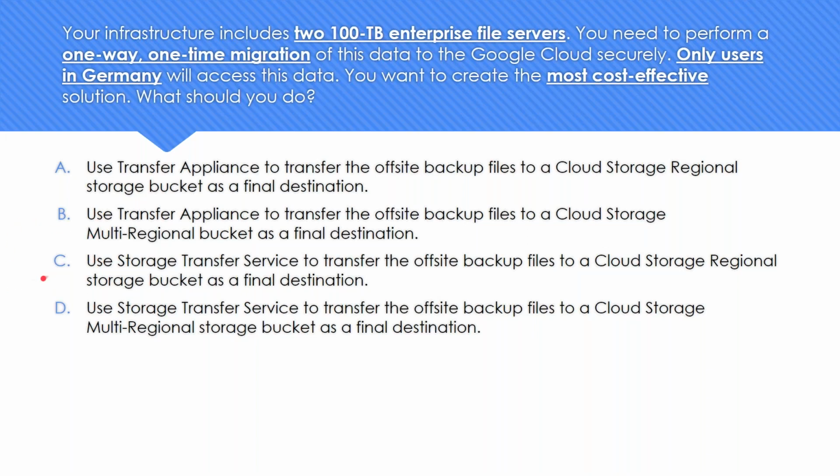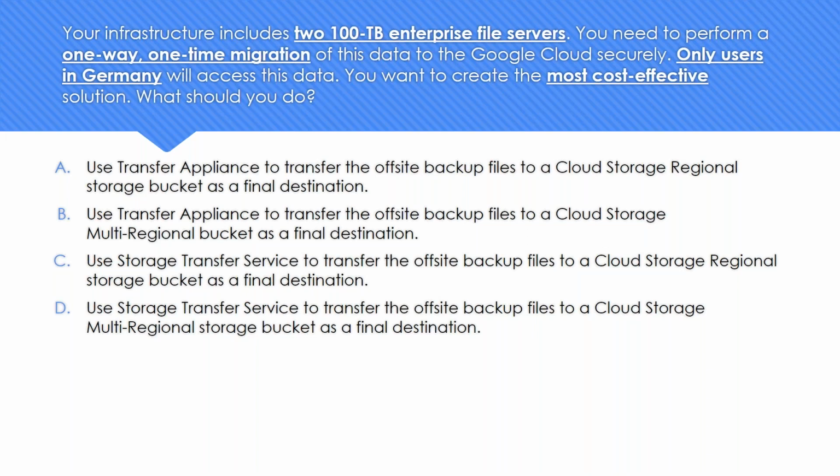C and D, I'm not going to even look into, because it says transfer service. You might think, okay, how about the transfer service for on-prem, which we have? You can think of that as an option. But yesterday I hinted, if they don't mention anything like transfer service.